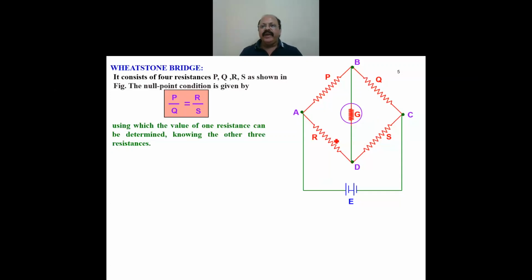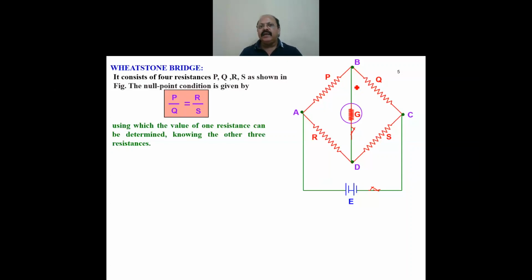Here also we use one key, and here also one key that we are using. So when we close this key and then we tap this key, and if this galvanometer shows no deflection, then we say that the bridge is balanced.